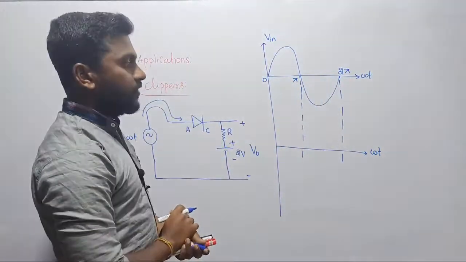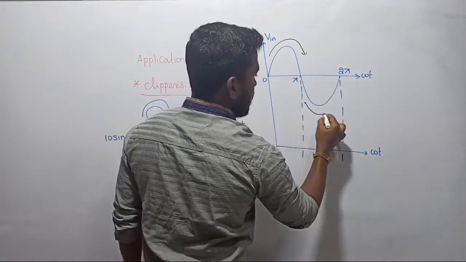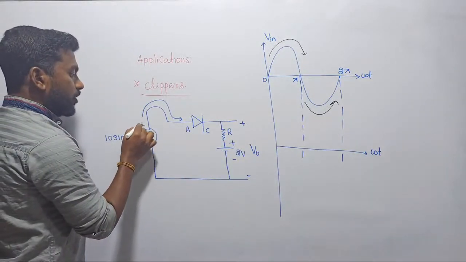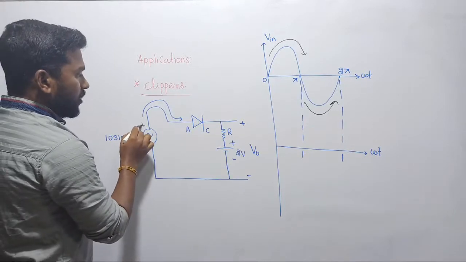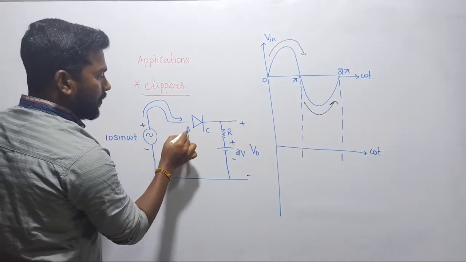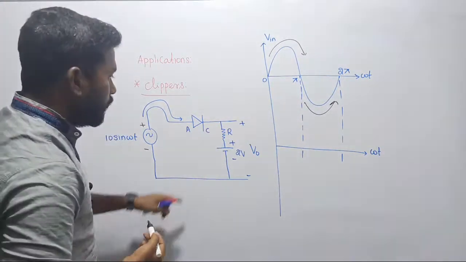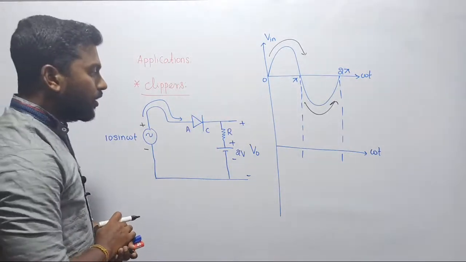Now our target is to achieve the output waveform for the positive half cycle, and again we have to consider the negative half cycle also, right? Now in the positive half cycle, this is going to be plus, and here we are having the negative terminal, such that this positive terminal is directly connected with the anode, whereas this negative is directly connected with the cathode. But if you observe this circuit carefully, we are not only having this 10 sin omega t in the output port.